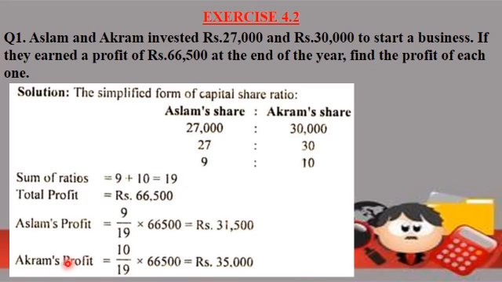This is Akram's share, and we are observing that Aslam's share is less and Akram's share is more, because Aslam's investment was less and Akram's investment was more. So in this way we can solve the simple calculation for the partnership.